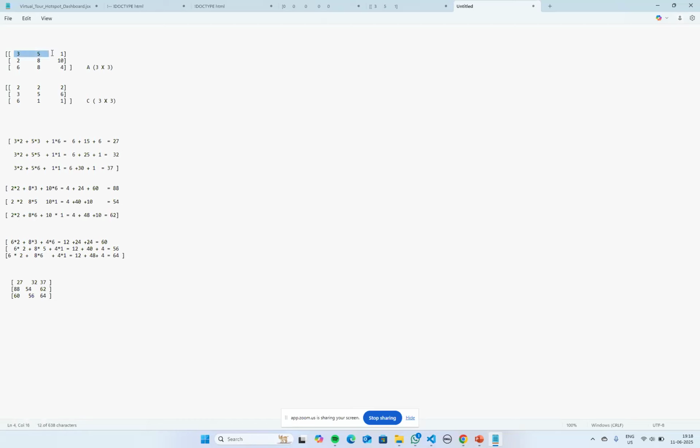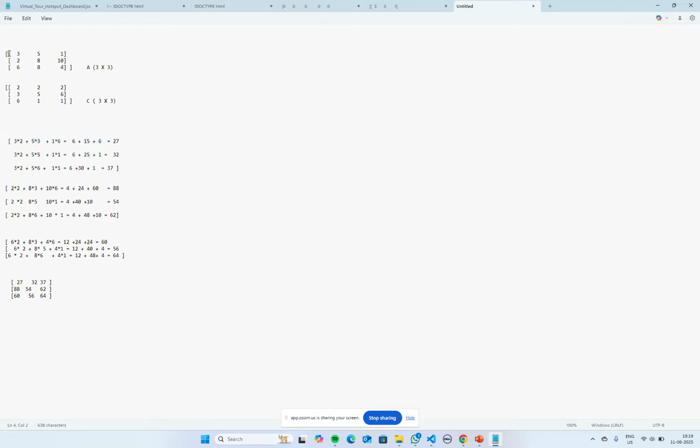Then first row with second column we did 3 into 2, 5 into 5, and 1 into 1. That corresponding value we got as 32. Then 3, 5, and 1 we multiplied with 2, 6, 1: 3 into 2, 5 into 6, and 1 into 1. So we got 37.